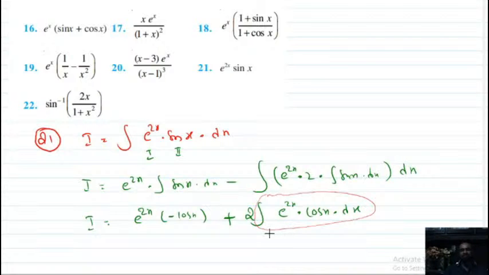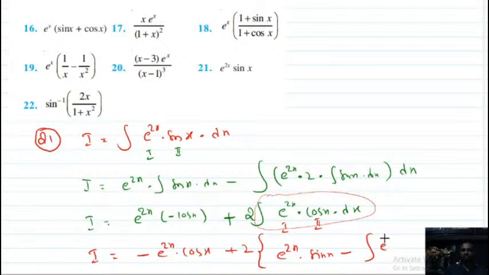Again in this area I want to use the integration by parts concept. So I is equal to minus e^(2x) into cos x plus 2, start bracket. Again this is taken as the second function and e^(2x) as the first function: e^(2x) into the integration of cos x, which is sin x, minus the derivative of e^(2x), which is e^(2x) into 2 into sin x dx.